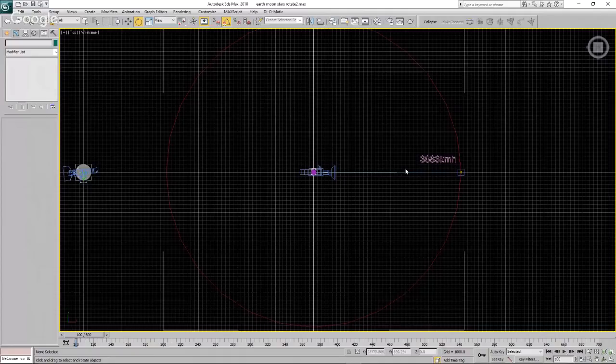Nevertheless, the moon travels around its orbit at 3,683 kilometers per hour, and it does that in a counterclockwise fashion when looking down from above the North Pole.